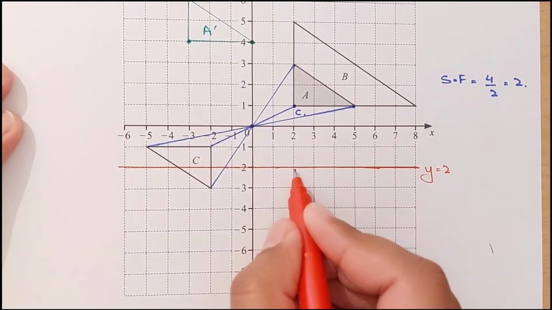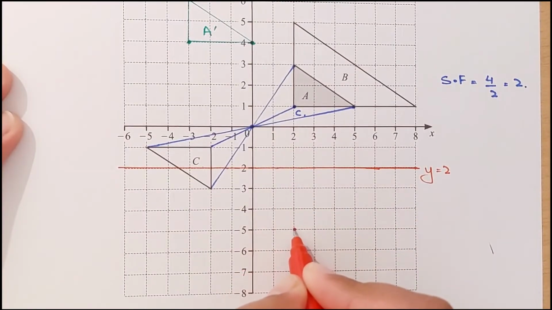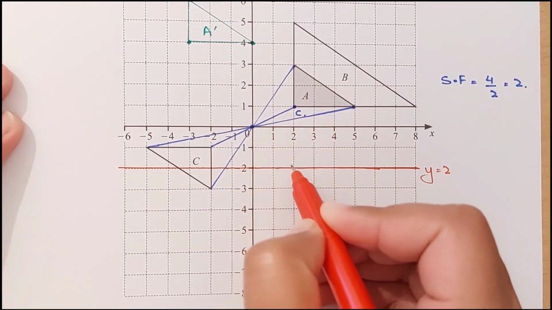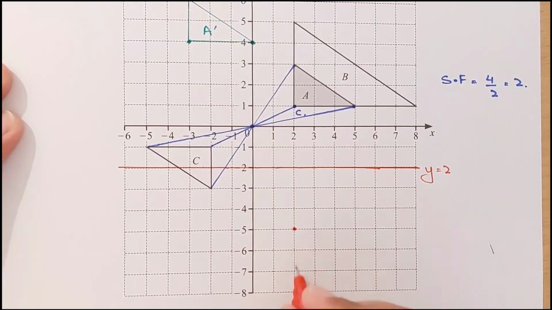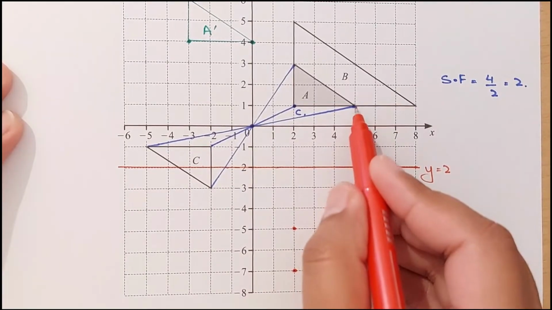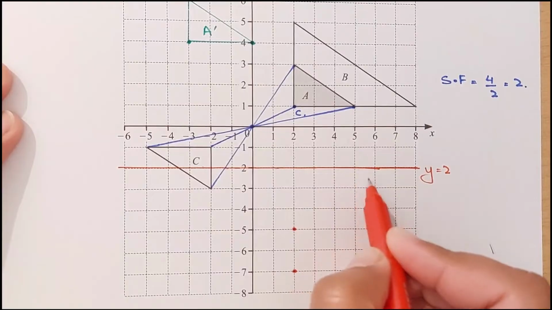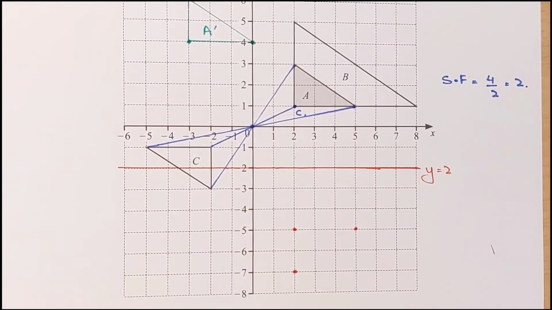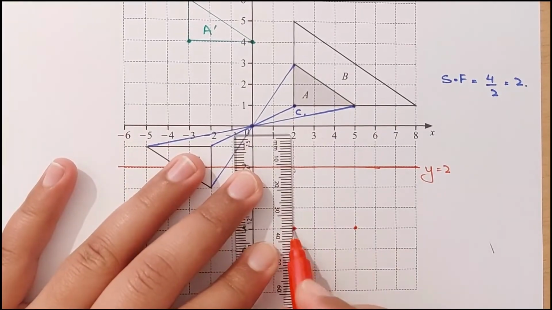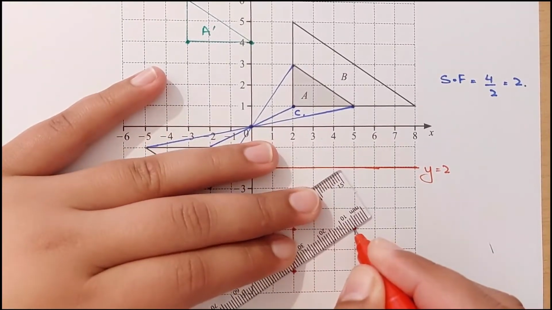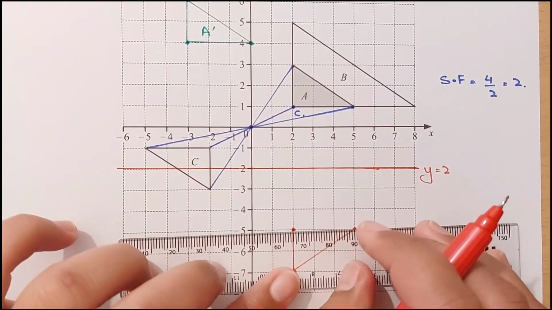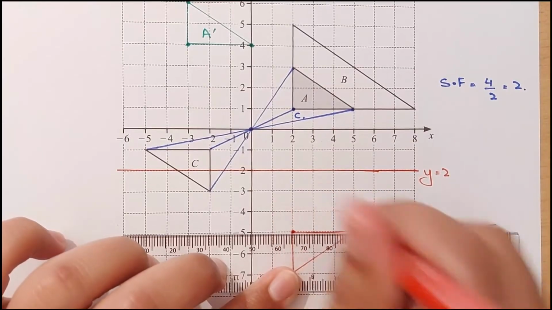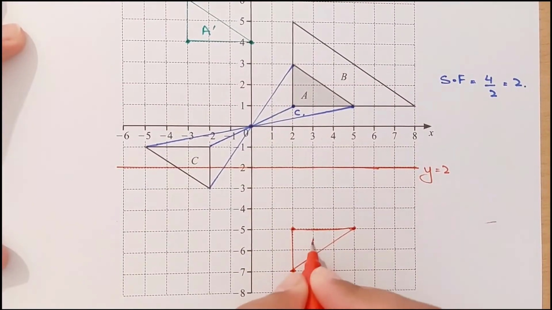So same, we have to move 1, 2, and 3 units down, right? So from this point, 1, 2, 3, 4, 5, and 1, 2, 3, 4, 5. And this is 1, 2, 3, 1, 2, and 3. Okay, so this is the shape of triangle A after the reflection in the line y equals -2. Let's say this is A double prime.